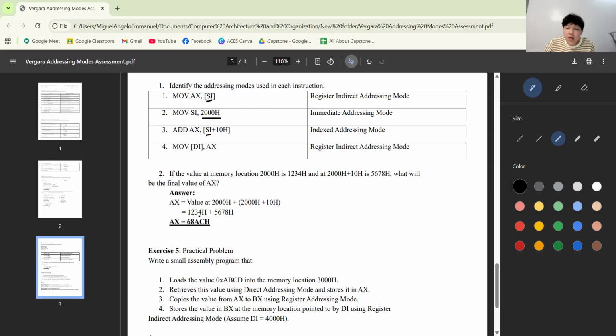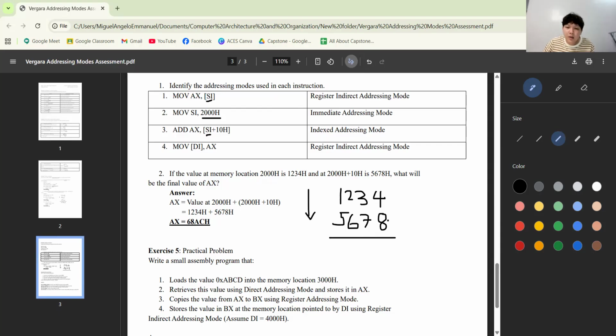For our 2000H, our value is 1234H. And for our 2010H, our value is 5678H. So when we add them vertically, going down, I have 1, 2, 3, 4, and then 5, 6, 7, and then 8.